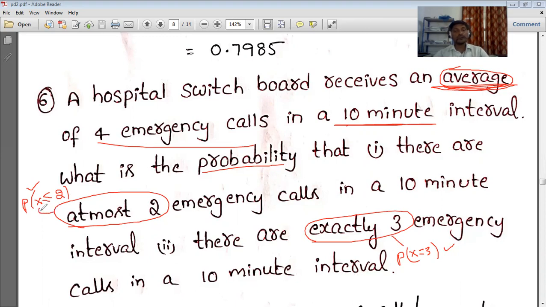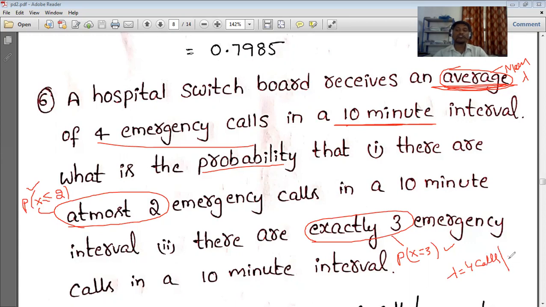So for applying the Poisson distribution, what are the requirements? Lambda we require, x we already know. Lambda is nothing but the mean, right? Average is nothing but the mean. So what is the mean here? 4. So lambda is equal to how much? 4 calls per 10-minute interval.